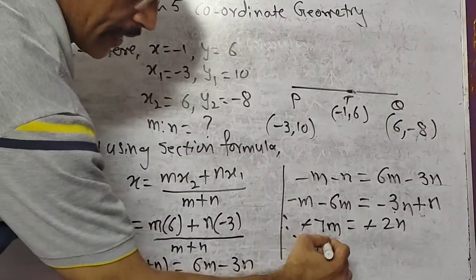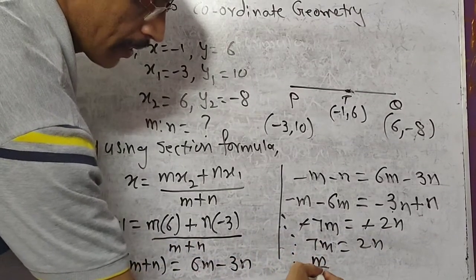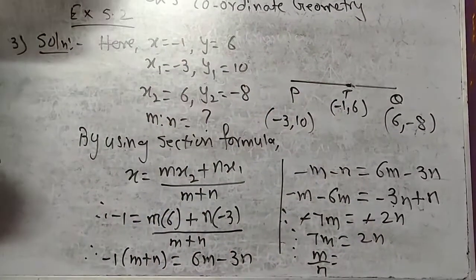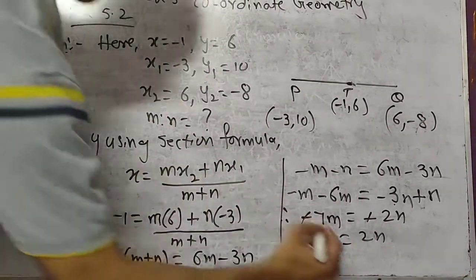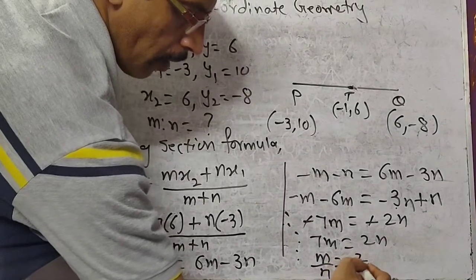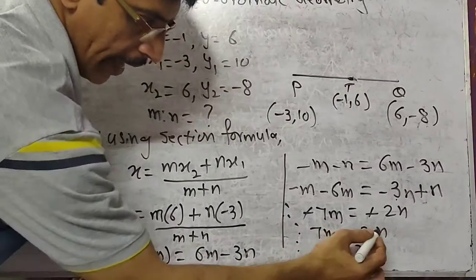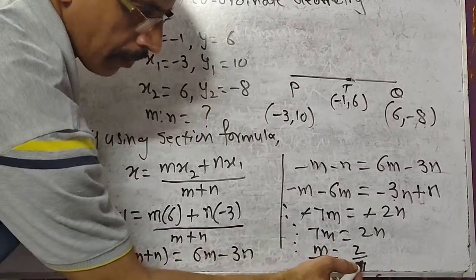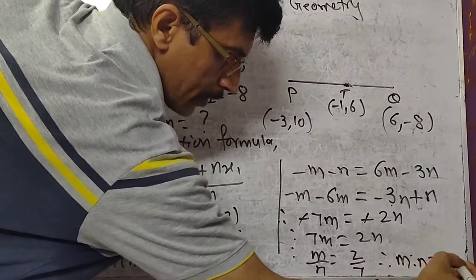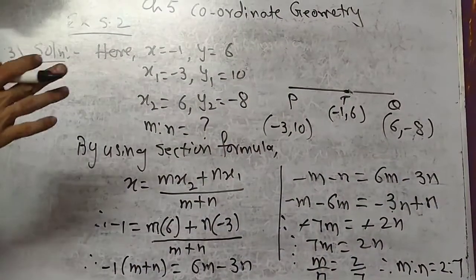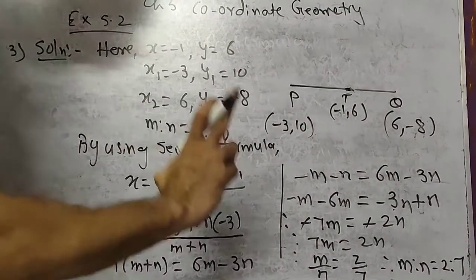You will get 7m is equal to 2n, and therefore m upon n will be 2 upon 7. This 7 will come down, n will come down, 7 will come here. So therefore m ratio n is equal to 2 ratio 7. So very easily we are getting m ratio n, that is 2:7.